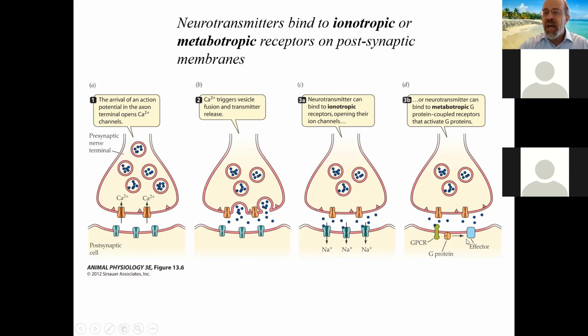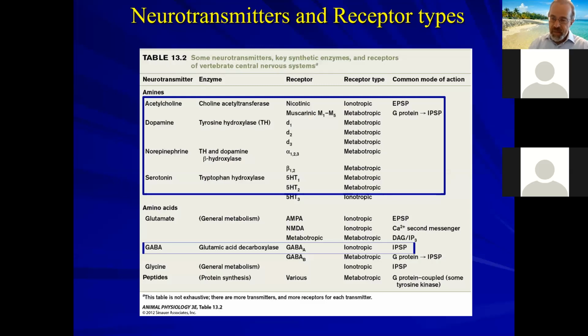And that activates a couple other events, whether it's opening ion channels downstream or also enzymes. I'm going to show you some more detailed pictures, so I think you guys have a better understanding of it.